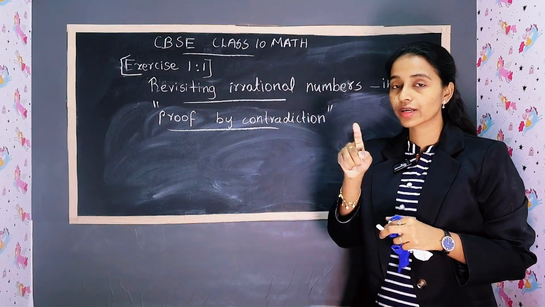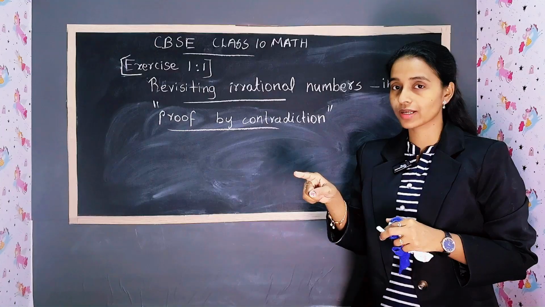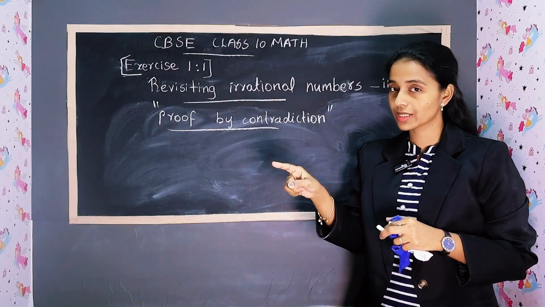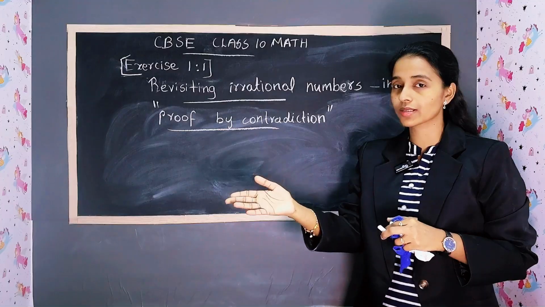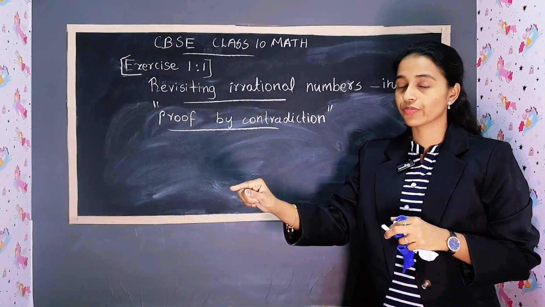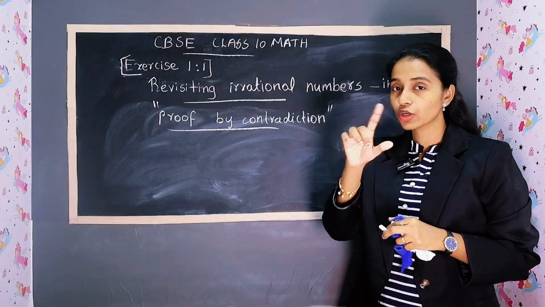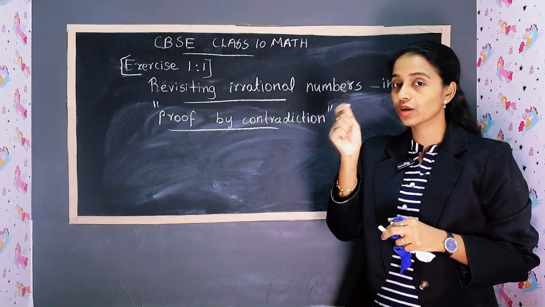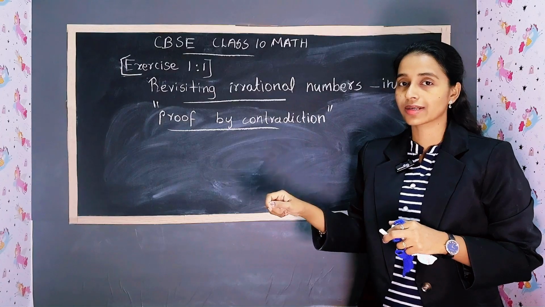Here your friend's statement is wrong, right? Your friend said that there is milk, but the actual thing is there is no milk. So here your friend's statement is wrong. By proving your friend's statement is wrong, you have shown that your statement is correct.